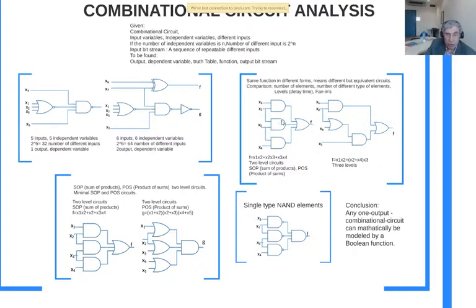In order to write this function, the output of this AND gate is x1 times x2. The output of this second AND gate is x2 times x3, that's the second product term. And the last one is x3 times x4, the last product term. Addition of those 3 with an OR gate gives you the output function f. If you normally draw a truth table for analyzing such a circuit, you are going to have 16 rows and 5 columns in order to represent the truth table for this function.